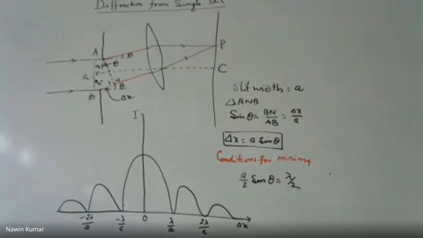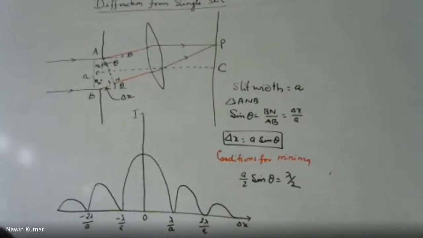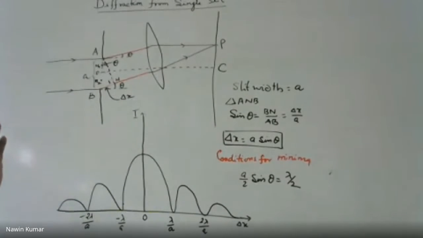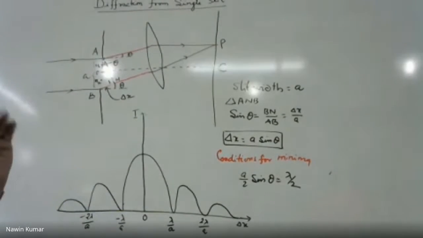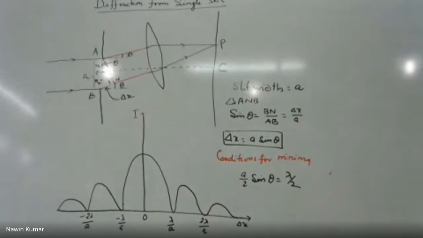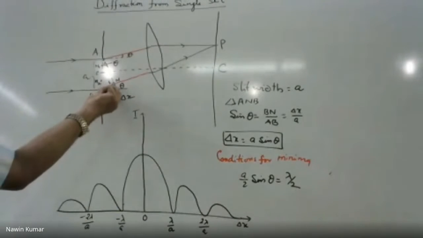Now see, if the path difference is A, light reaching there at point P, and we divide the slit into two equal parts, then AO equals OB, that is equal to lambda by 2.